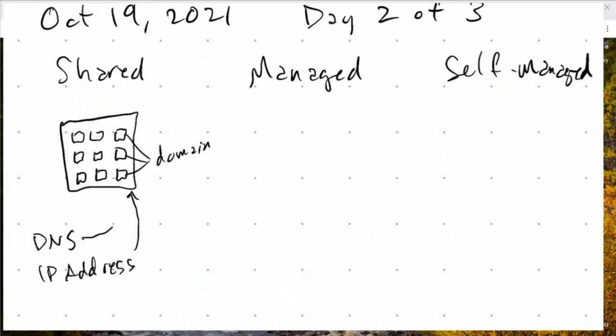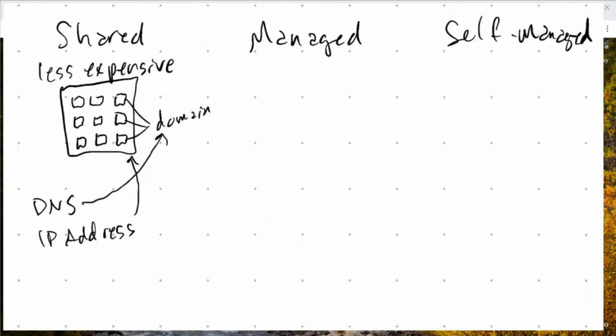So that's where the DNS comes in. And with shared hosting, because the hosting provider is able to break up that server space using software, this happens to be less expensive. And so I really recommend shared hosting from certain providers.